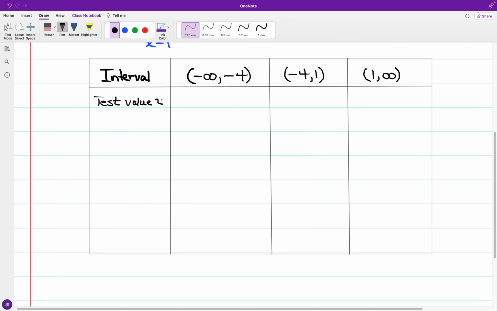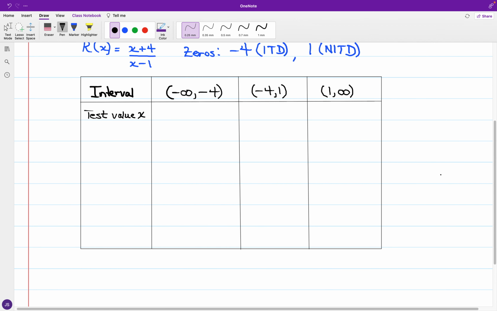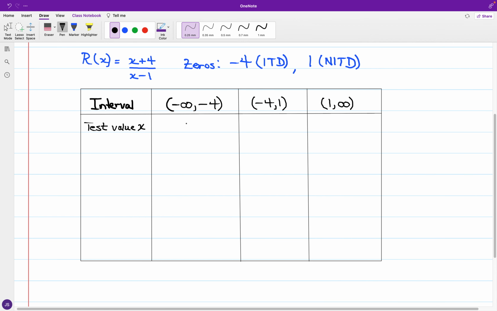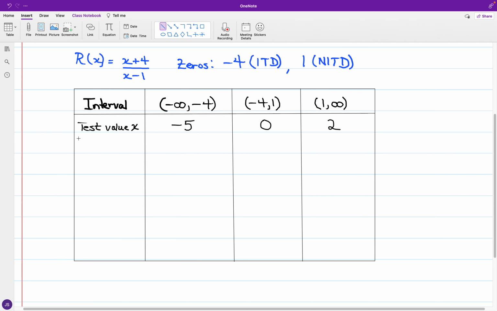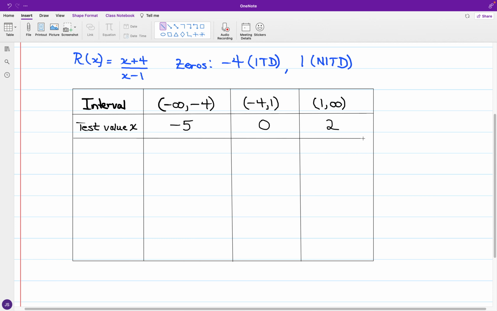For the first subinterval, values of x less than negative 4, I can select any value less than negative 4, let's say negative 5. Between but not including negative 4 and 1, if I go with integers, 0 is a possible choice. And for anything greater than 1, we can go with 2. So we have the interval sections and tested values, each of which belongs to its respective interval section.